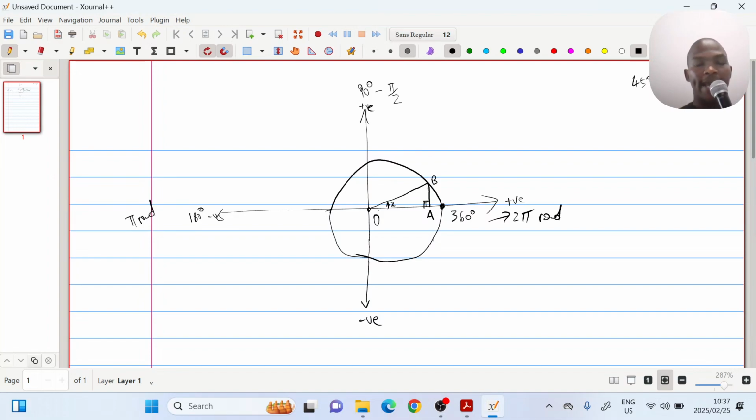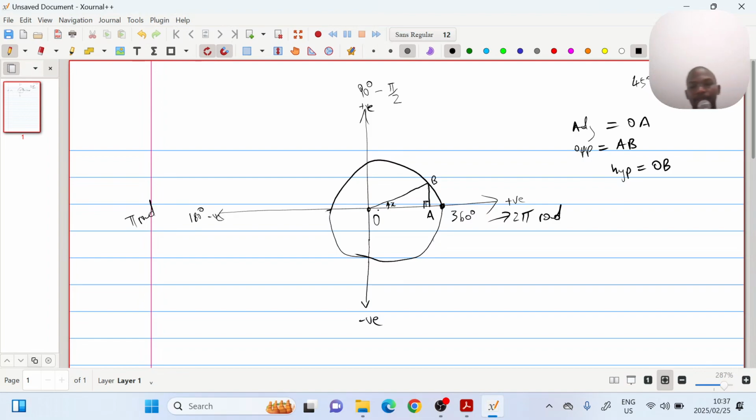Can you see that the side between X and 90 degrees is the adjacent side? So the adjacent side is the same as OA. Origin up to A. And then the opposite side is AB. And then the hypotenuse is OB, not OA, guys.